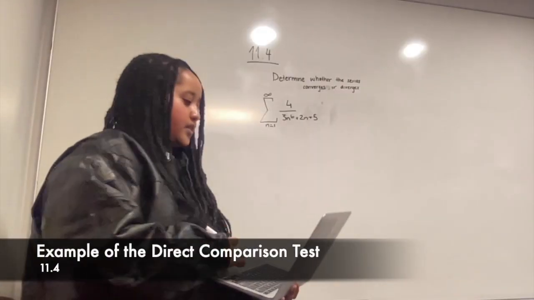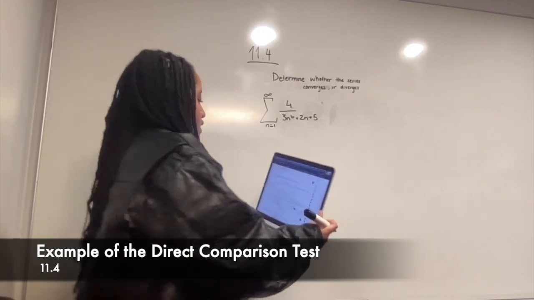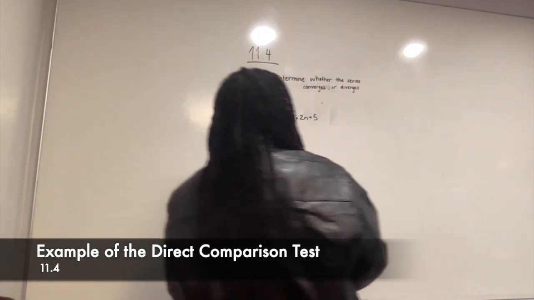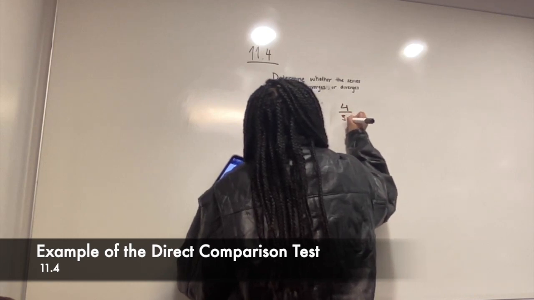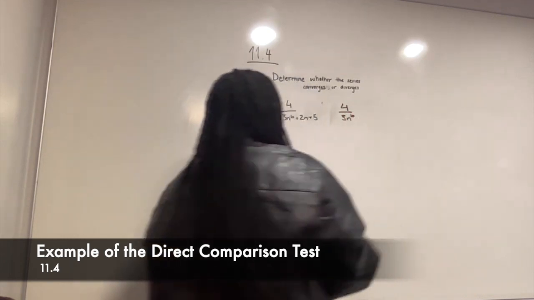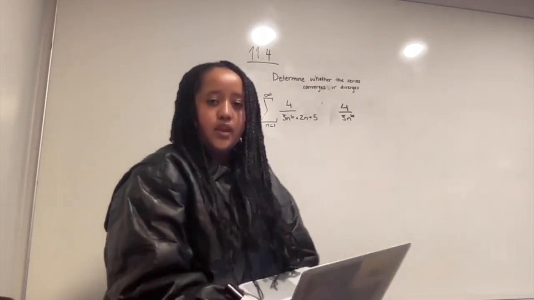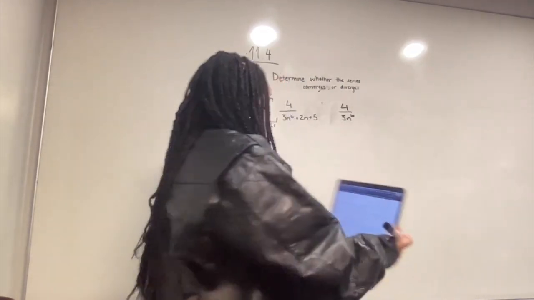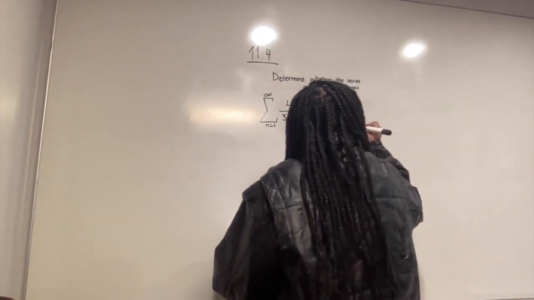So we will be putting the direct comparison test into practice with this series. So here we can take the simple series and determine its convergence. And if we recall our previous knowledge of p-series, this is a recognizable p-series.